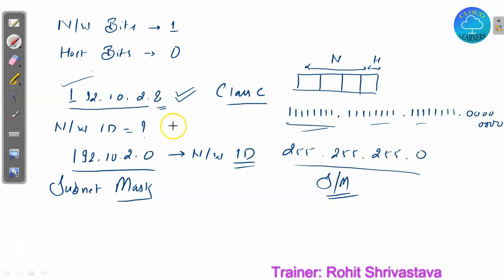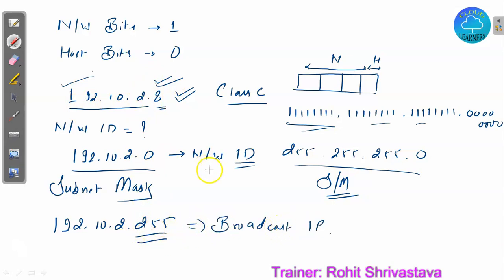Now if I ask what is the broadcast ID, because 2 IPs are reserved, as I told you, the last IP is the broadcast IP, so make it 255, because the last IP of this network will be 255. So this will be your broadcast IP. Clear?